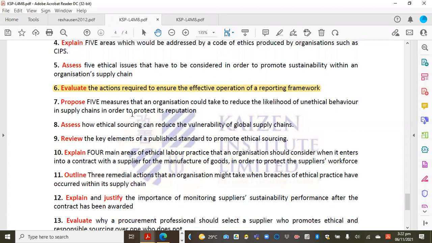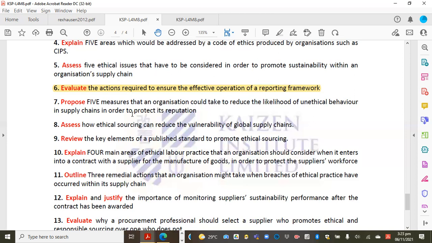We can even talk of fraud risk. Yes, fraud risk. That was the question we answered. Fraud is also risk. These are all types of risk. And when you develop ethical sourcing, you can avoid all this or reduce vulnerability. The how is what you will do in ethical sourcing to reduce these vulnerabilities.